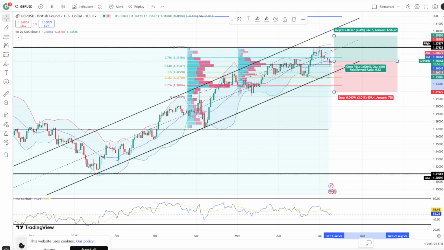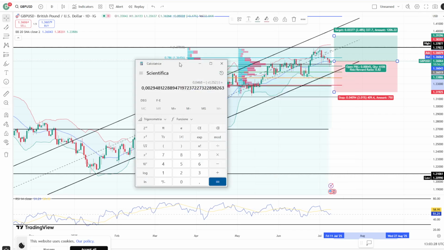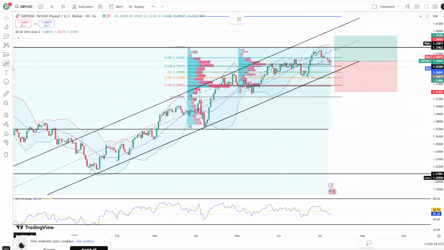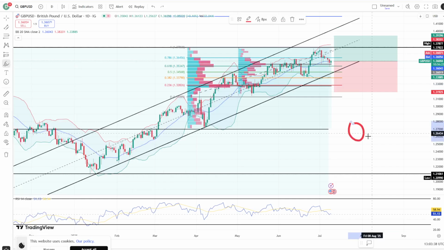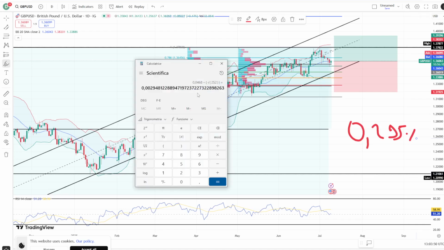Okay, let's bring up the calculator here. So 0.00295, forgive my writing, it's 0.295%. So what do I know when doing that?